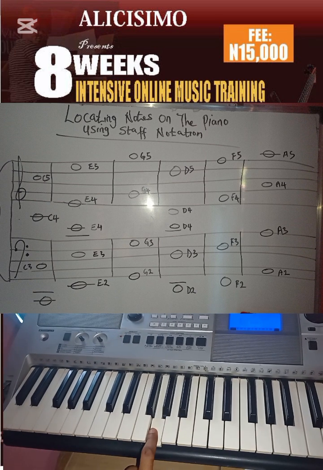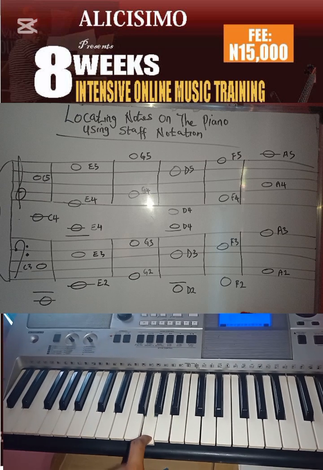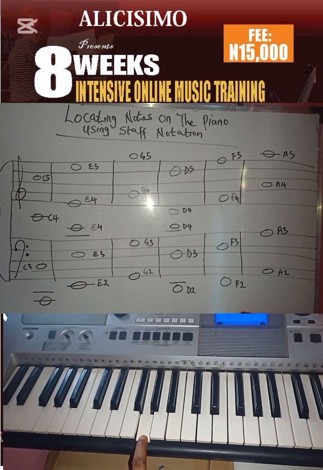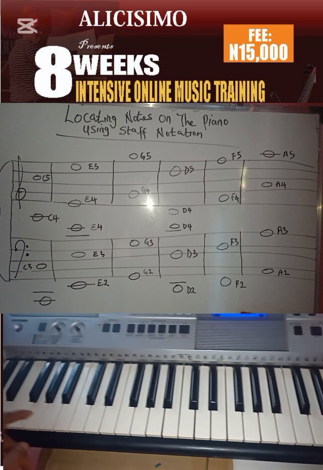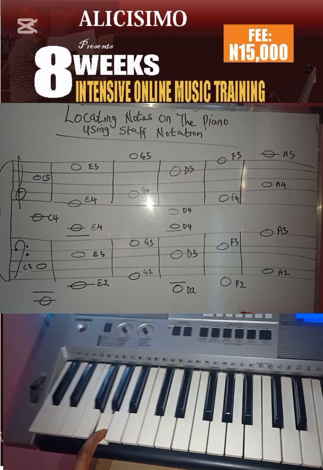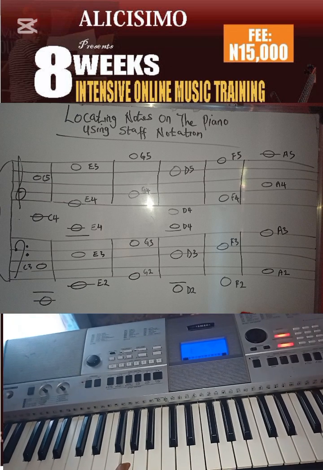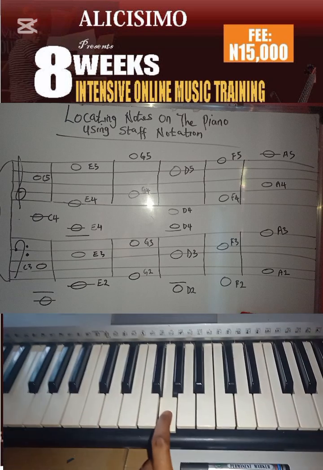And this is the fourth space in bass clef, G3. And this is the first line in bass clef, G. See where it is. So first line, fourth space, second line in treble clef.